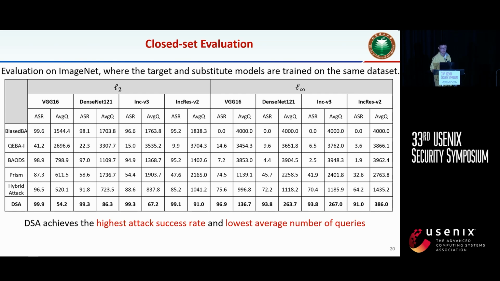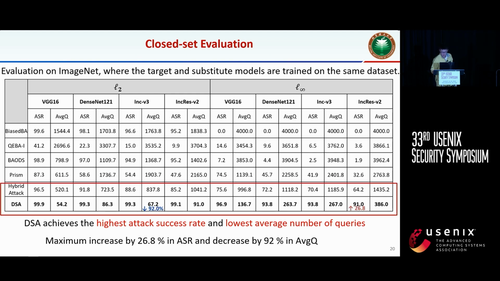First, we conduct a closed set evaluation. We present experimental results on ImageNet here. The results illustrate that DSA can achieve the highest attack success rate and the lowest average number of queries, as shown here.